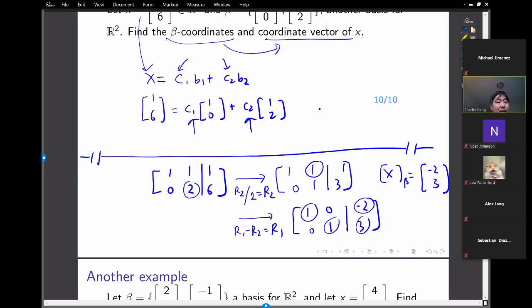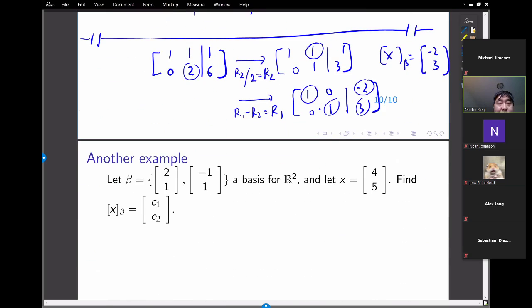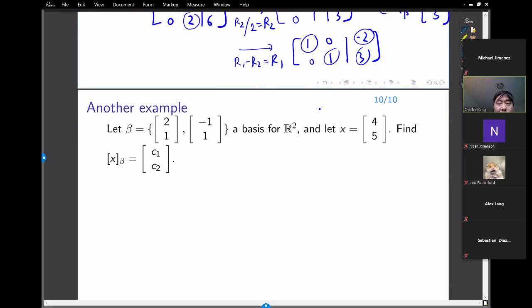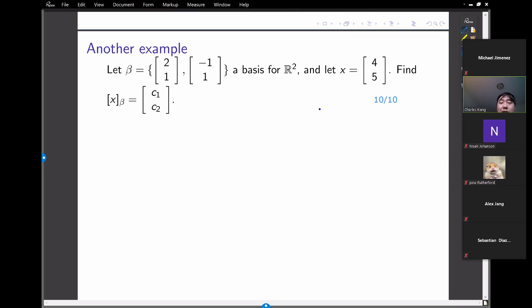Okay, I think we have time for one more, maybe. This is a vector in R2. How do you find the coefficients?